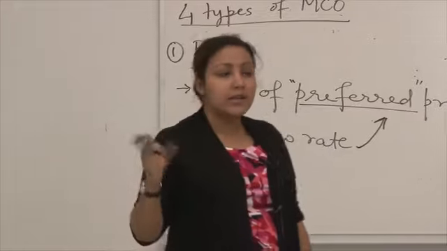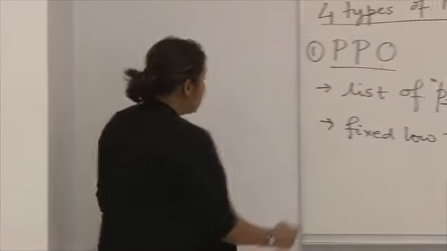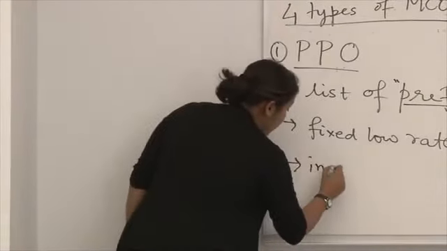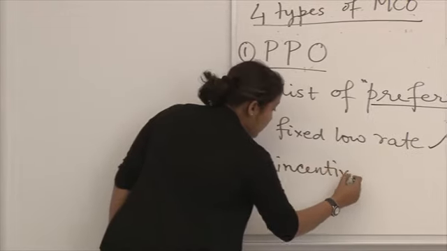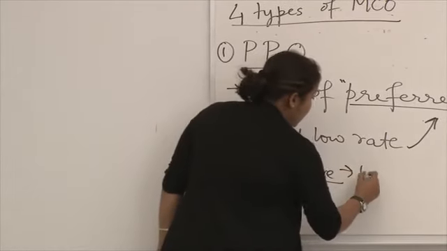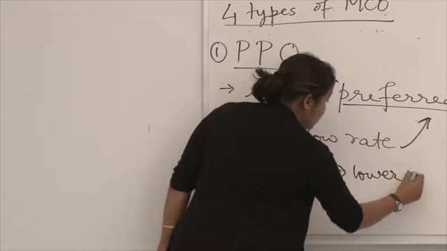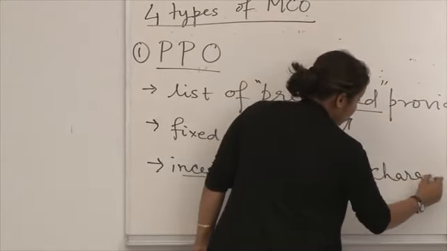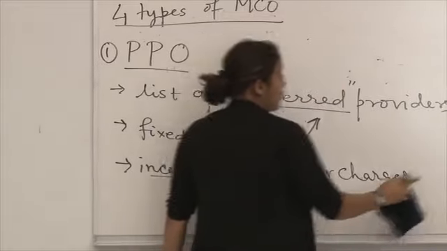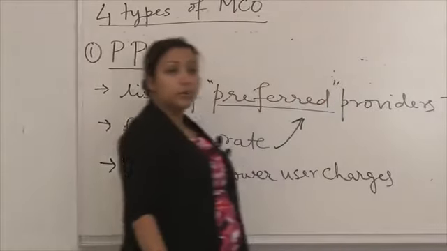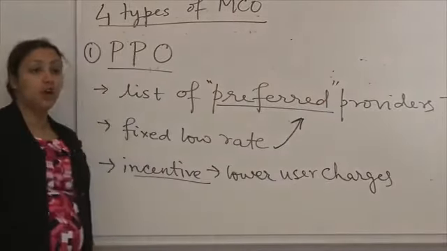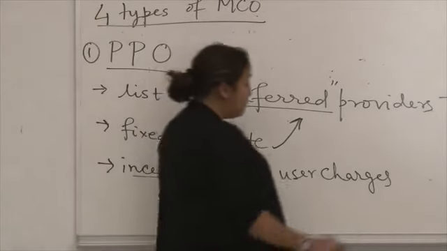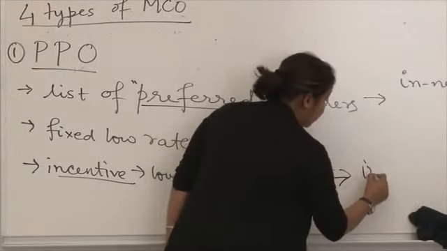And what is that incentive or disincentive? The incentive is lower user charges if you go to the in-network people, and higher user charges if you go to the out-of-network people.